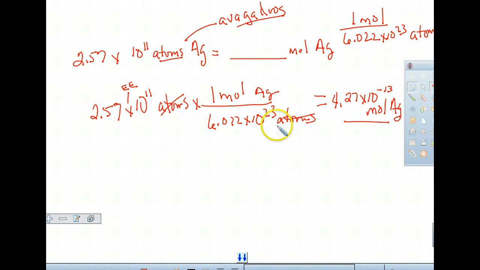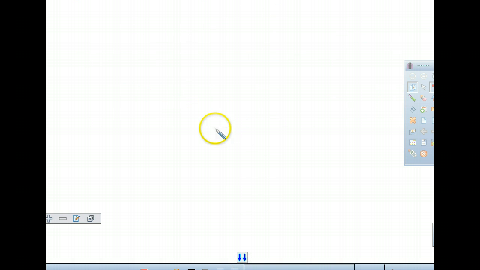Okay, what about the other way? Let's go from moles and figure out, let's see, if I have 0.0524 moles of water, and I want to know how many atoms of water that is.